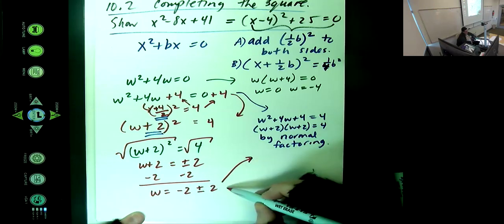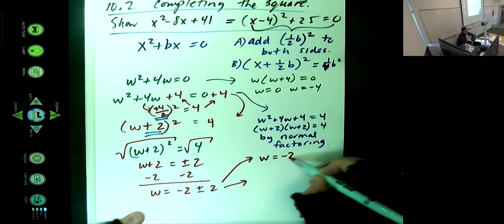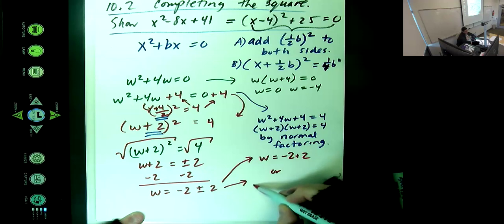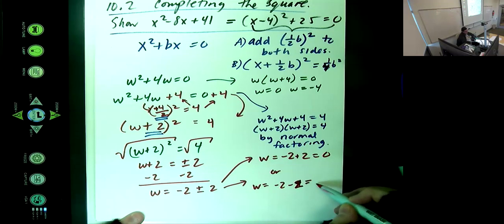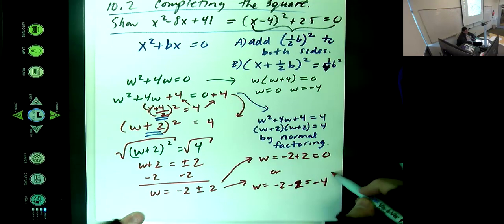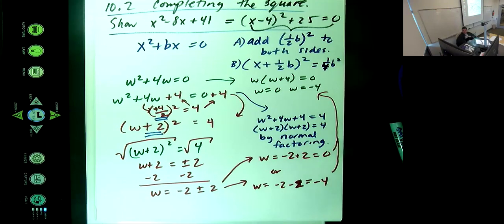You definitely don't want to leave it like that. I will totally mark you down points if you do. This is -2 plus 2, or w equals -2 minus 2, and that's 0. And that's -4, which is what we got up here.